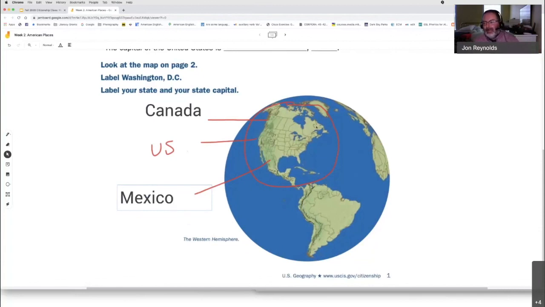So people from Canada and especially people from Mexico and Central America, they often say, well, I'm American too. But remember, people from the United States, they say, no, no, no, no. If you're from Mexico, you're Mexican, right? If you're from Canada, you're Canadian. But for some reason here in the United States, we say we are American. So that can be kind of confusing, especially to my students from Mexico and South America. But you are correct. Canada is to the north, the United States is here, and then Mexico is to the south.